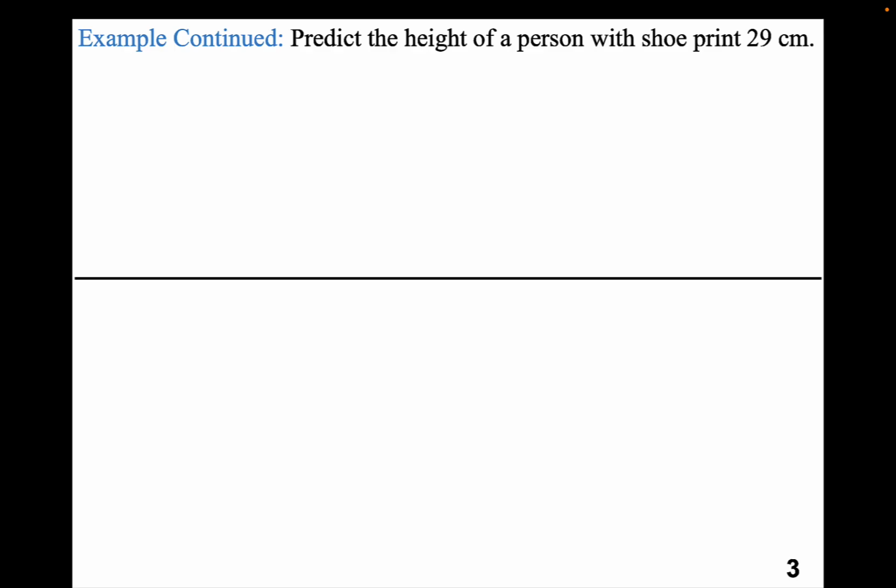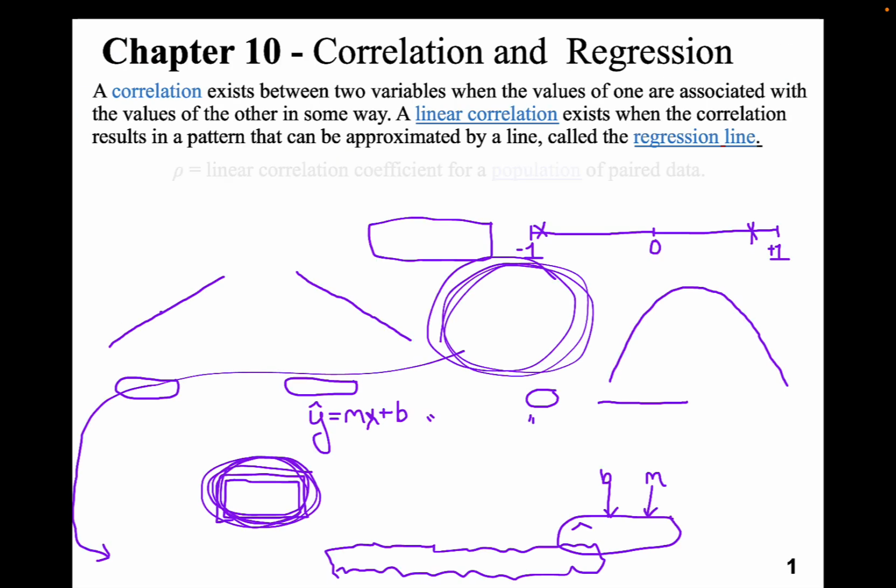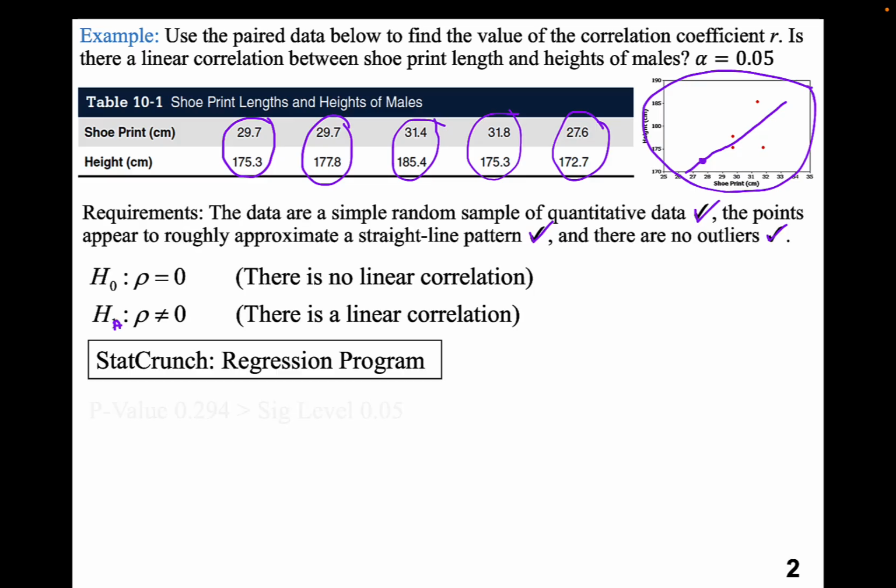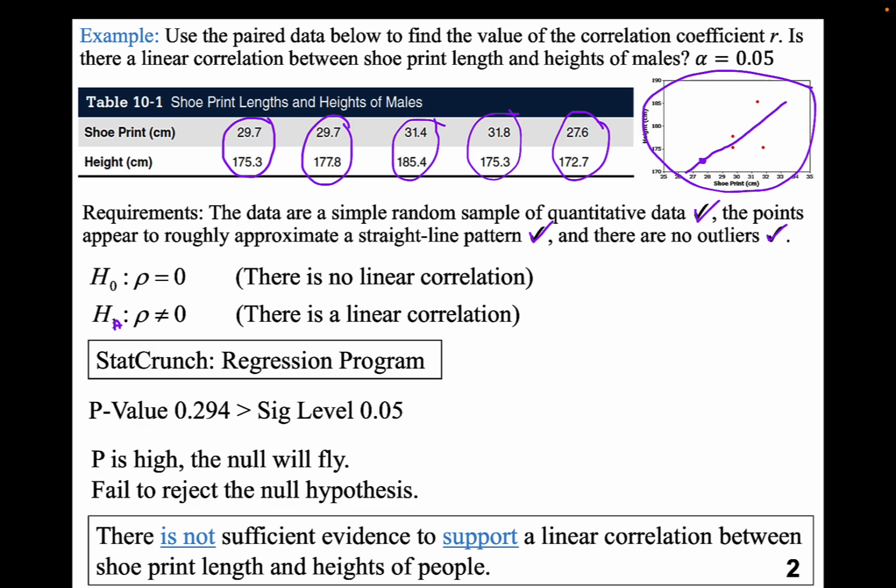All right, let's continue with this example. We're asked to predict the height of a person with a shoe print of 29 centimeters. All right, you guys, in the last slide, we determined right at the end, based on these 5 samples, there is no sufficient evidence to support a linear correlation between shoe print length and heights of people. Okay, think about that.